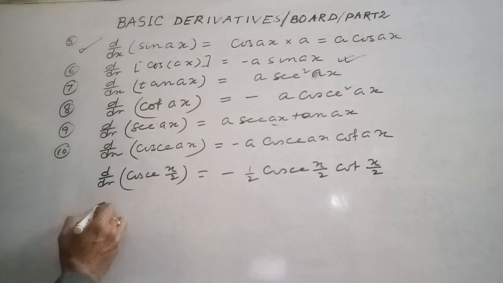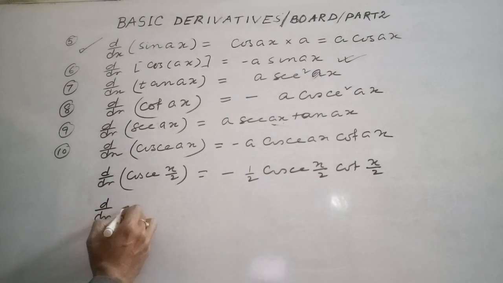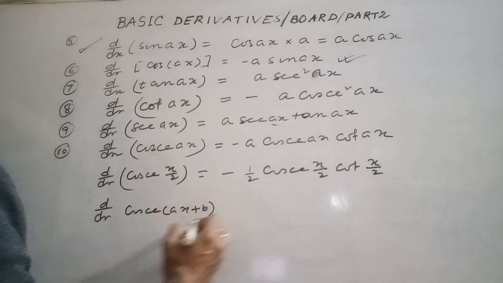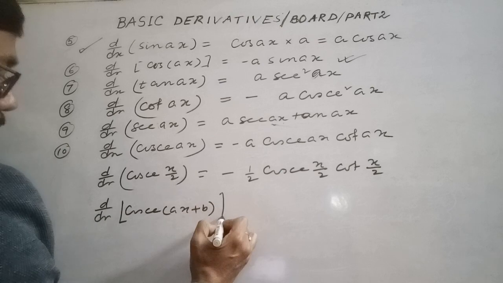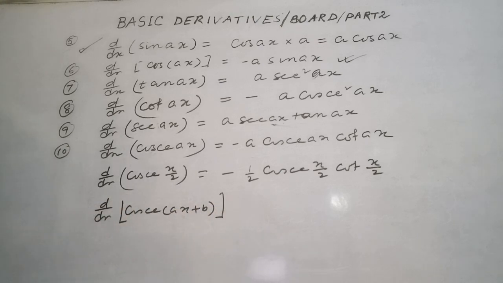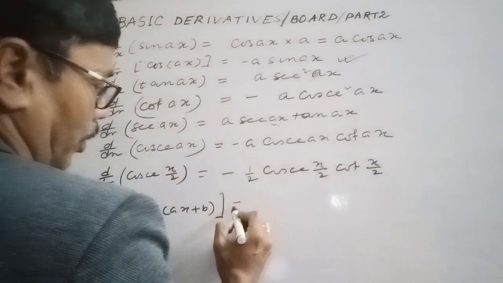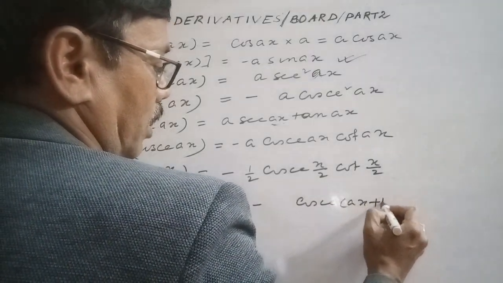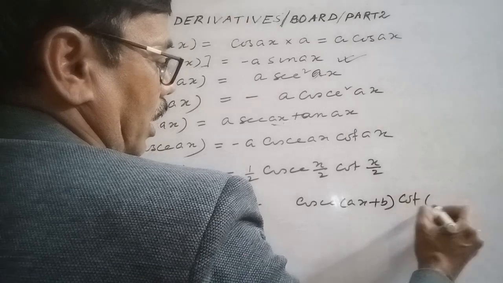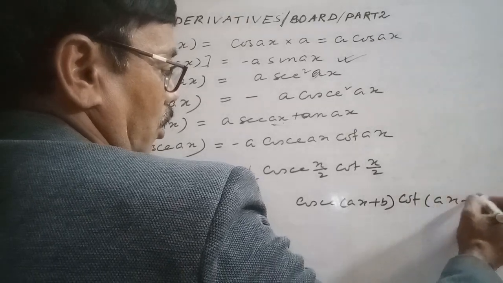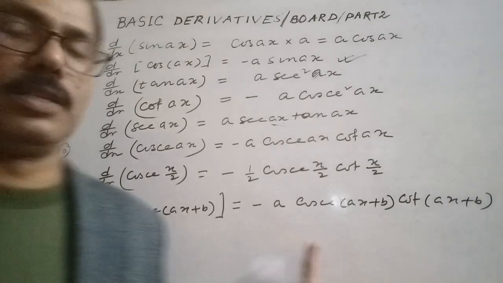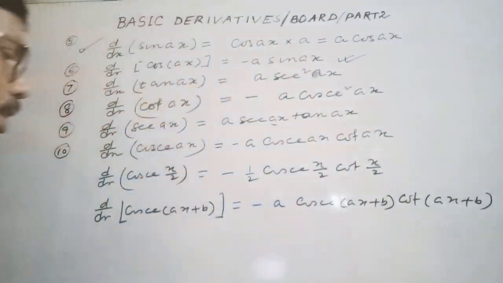And in general, d/dx of cosec(ax plus b), d/dx means the derivative is performed with respect to x. This is a symbol. So minus cosec(ax plus b) cot(ax plus b) into a, the coefficient of x.